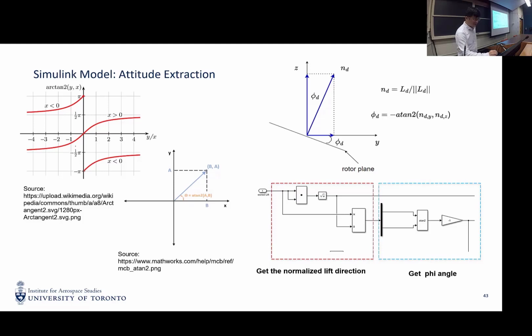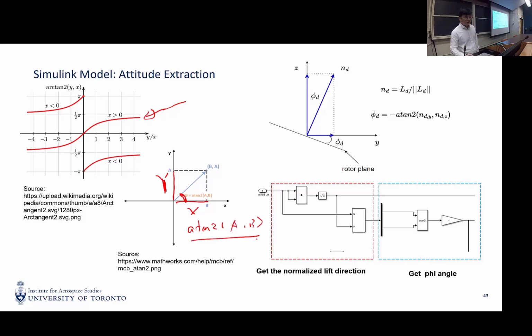So this is the image of the arctangent 2 function. If we have y as a, and x as b, then the arctangent 2 is a tangent, so this angle here is the arctangent of a and b.